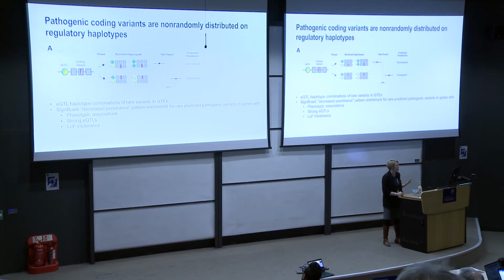When we have a pattern where rare pathogenic coding variants tend to be paired with a higher expressing eQTL haplotype, that will be indicating that there is a pattern of potentially decreased penetrance of those variants, and vice versa.